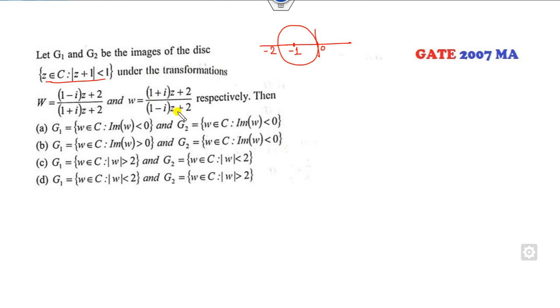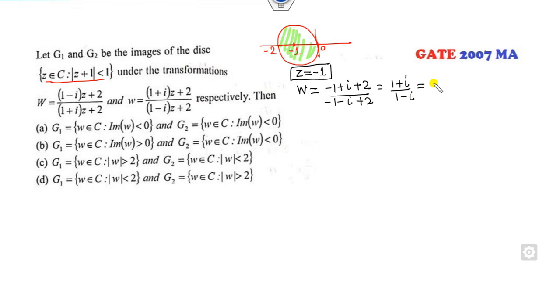Consider the transformation of this. Very simple. Take any point in this region. I can choose Z as my minus 1. What is the mapping of this, capital W? If Z is minus 1, it is minus 1 plus iota plus 2 divided by minus 1 minus iota plus 2. It is 1 plus iota over 1 minus iota.